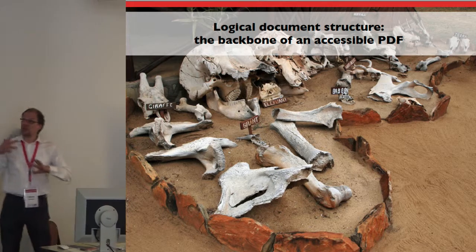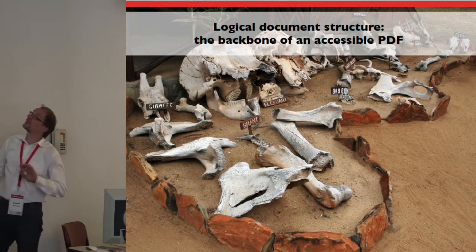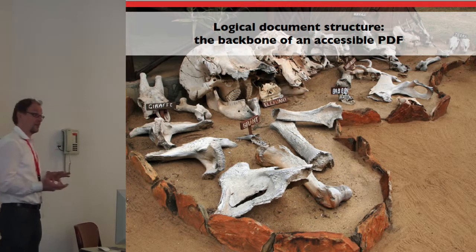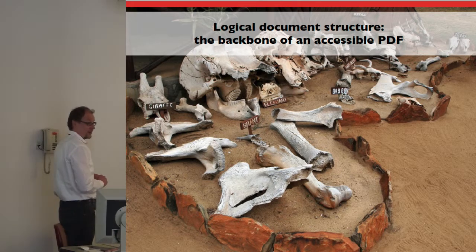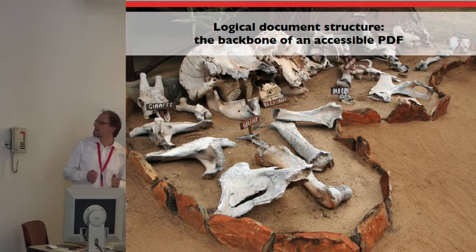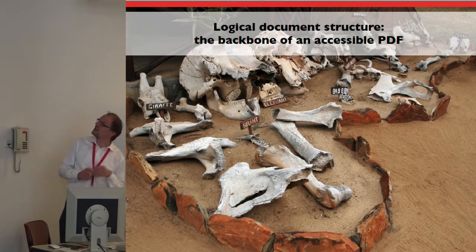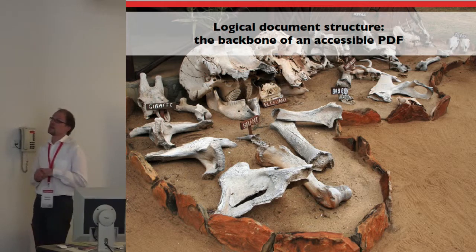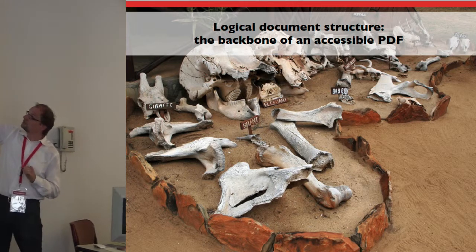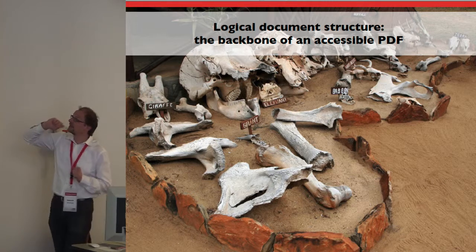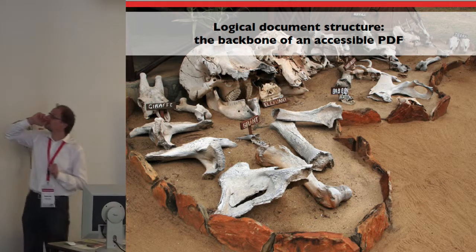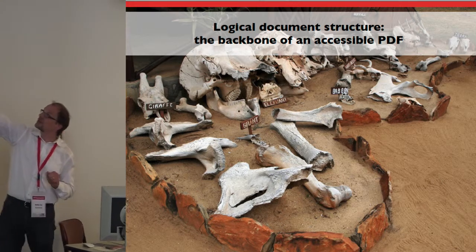I love to use images that you never forget anymore in order to emphasize my key items, my key issues. So I chose this one. These bones of African animals, and I like the most here the giraffe.